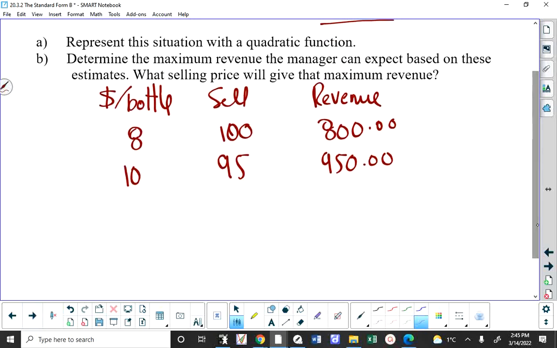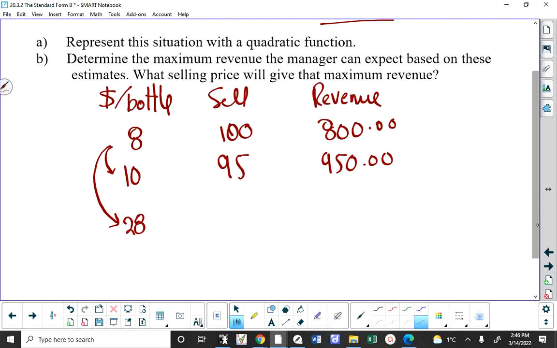If I were to, instead of going up like that, what if I did this? I'm going to ask you to do some problem solving here. I've jacked the price up $20. And the question says every time I bump the price up $2, I lose 5 people.